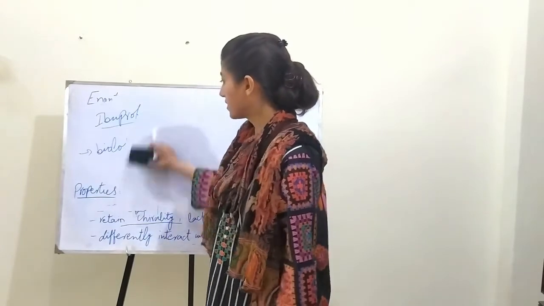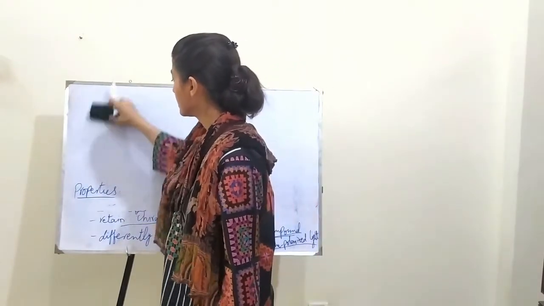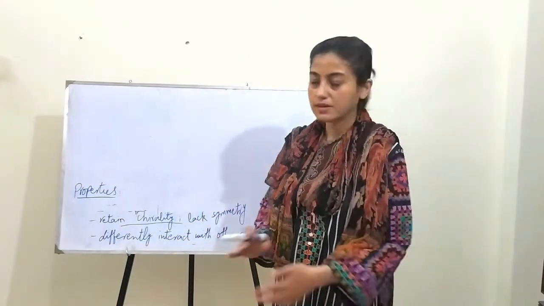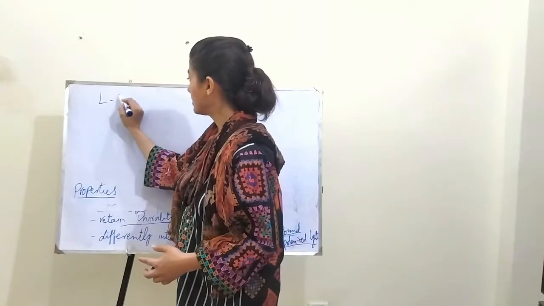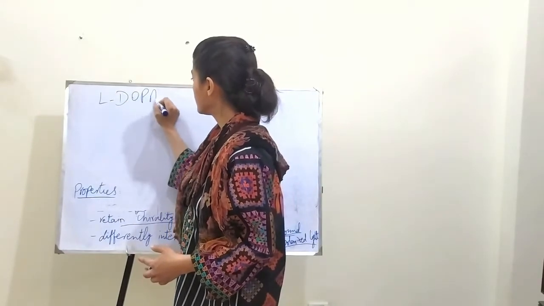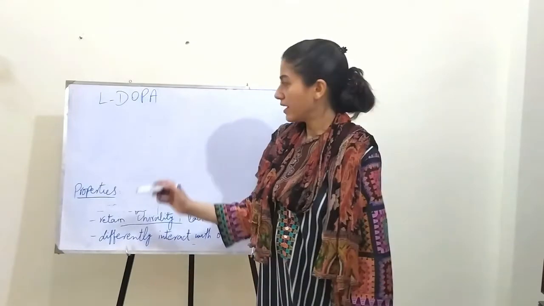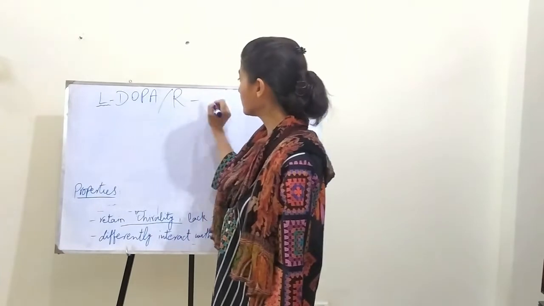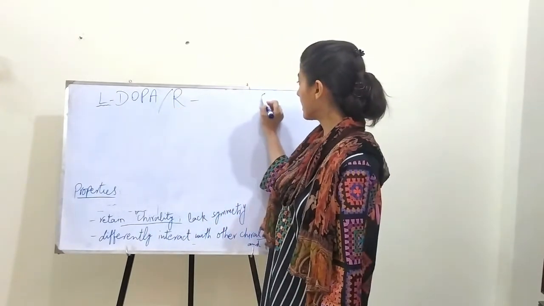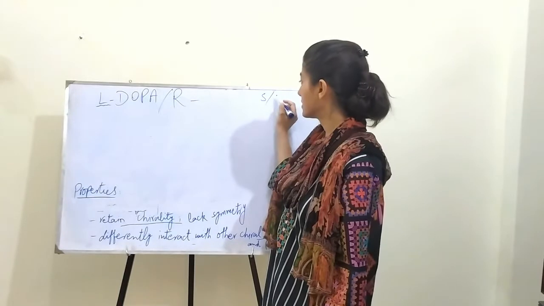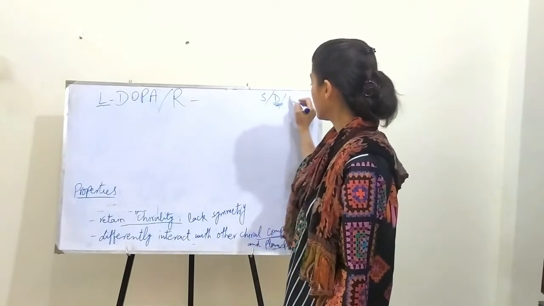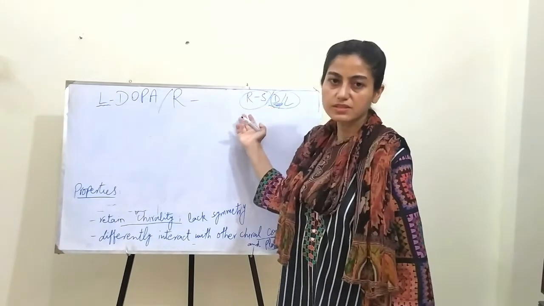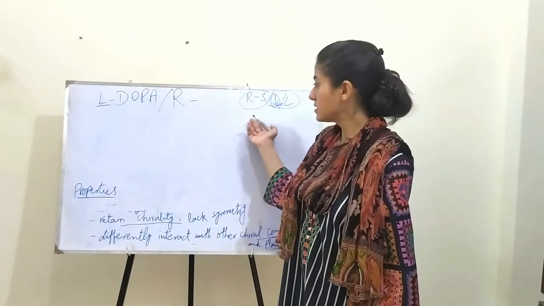And L-dopamine is used to treat Parkinson's disease, that is L-dopa, also called L-dopamine, with its L configuration or its R configuration, not the S or D, as the L and D systems and R or S systems are just to assign the configuration to the enantiomers.